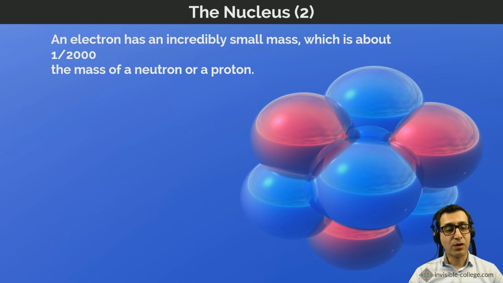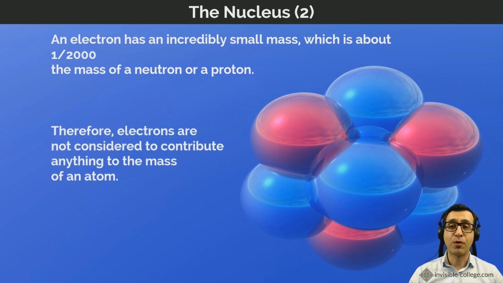So the masses of these types of subatomic particles are usually expressed in atomic mass units. If a proton or a neutron each have 1 atomic mass unit, an electron is roughly 1/1840th of that mass, so about 1/2000th the mass of a neutron or a proton.